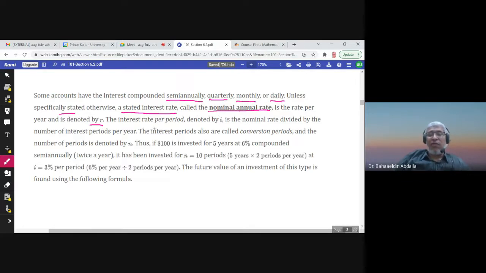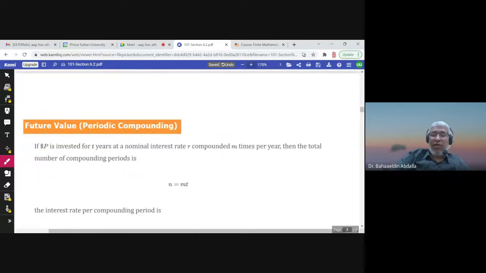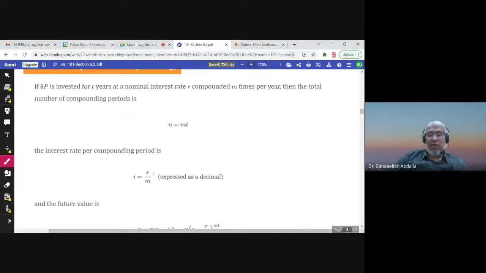So this is rates per year. But if we are compounding semi-annually, then there will be periods, and we can find the interest rate per period, which is I. And of course, we can find I if we divide R by M, where M is the number of compounding periods per year.